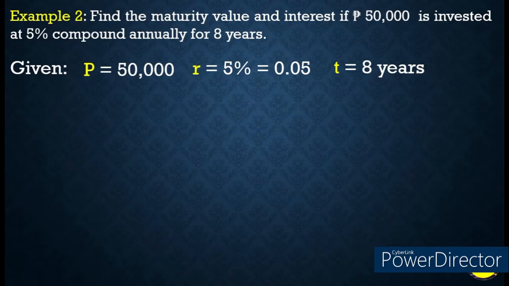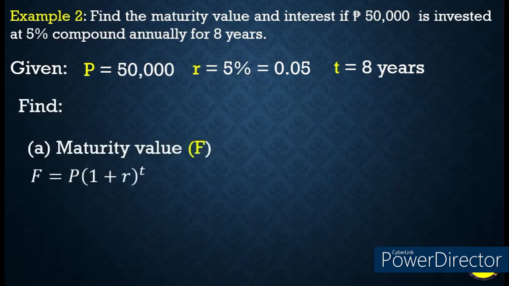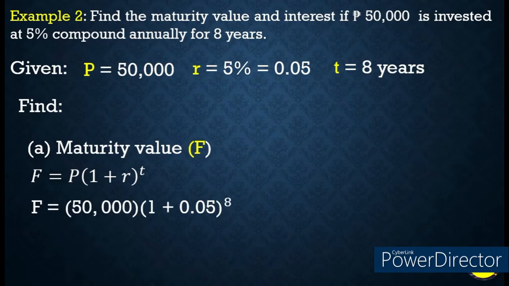So, anong hinahanap natin dito? Hinahanap natin, again, yung maturity value and then the compound interest. So, using the formula, substitute nyo lang yan. 50,000 times 1 plus 0.05 raised to 8. So, you can use your calculator kasi mahirapan kayo kapag kinompute nyo ito manually.